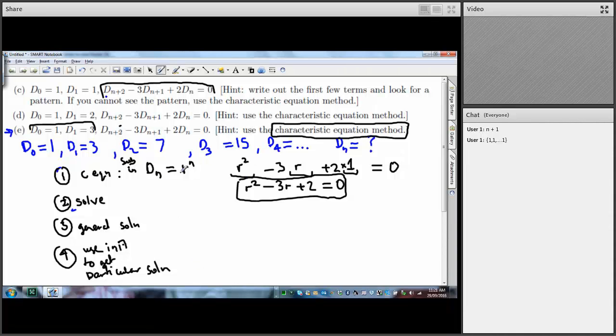So you always think of terms as being 1, the one above it, the one above that. And so the characteristic equation really is just converting the bottom term to 1 and each subsequent term to that being multiplied by r. And that's how you work them out in practice. As you can see, you can just write it down. So the characteristic equation is r squared minus 3r plus 2 equals 0 in this situation.